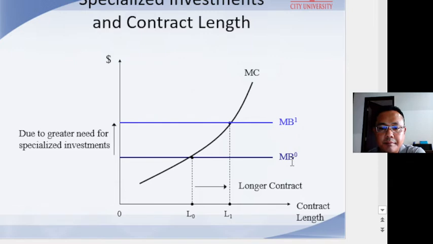So marginal cost will increase, and a longer contract will happen, from length 0 to length 1. So this is the specialized investment and contract length relationship.